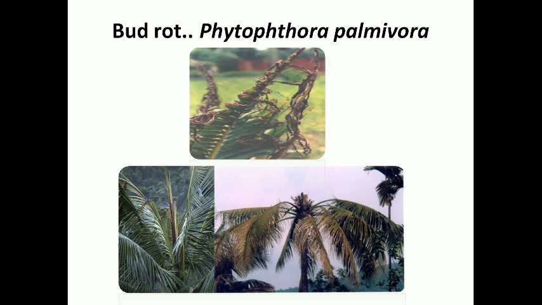The first symptom occurs on the central shoot of the tree, and the heart leaf turns brown. Leaves show pale or yellowing. Then the leaves lose luster or shine. The crown rots, which emits a foul smell. Then leaf falling and bunch shedding are observed.